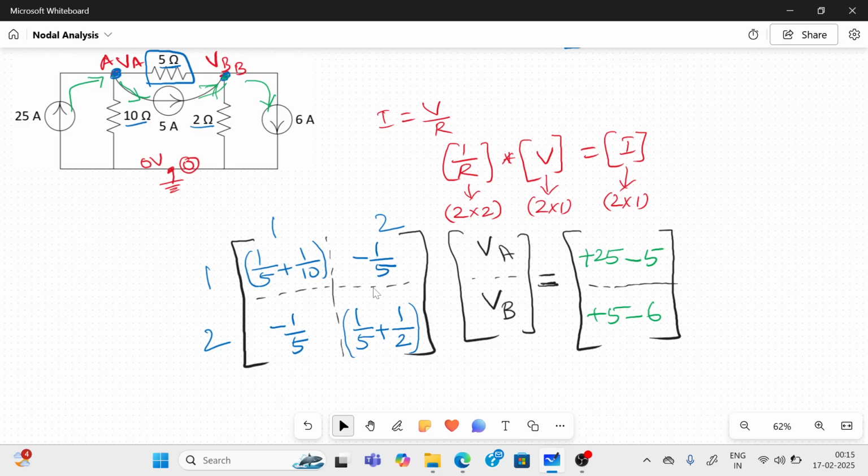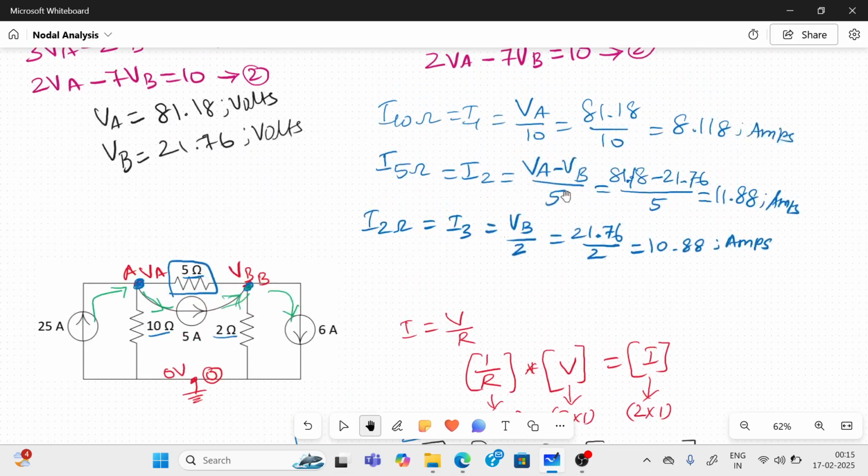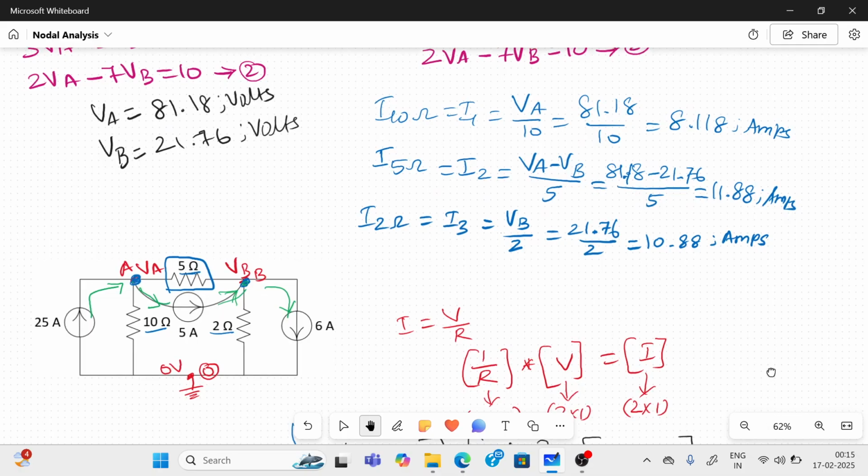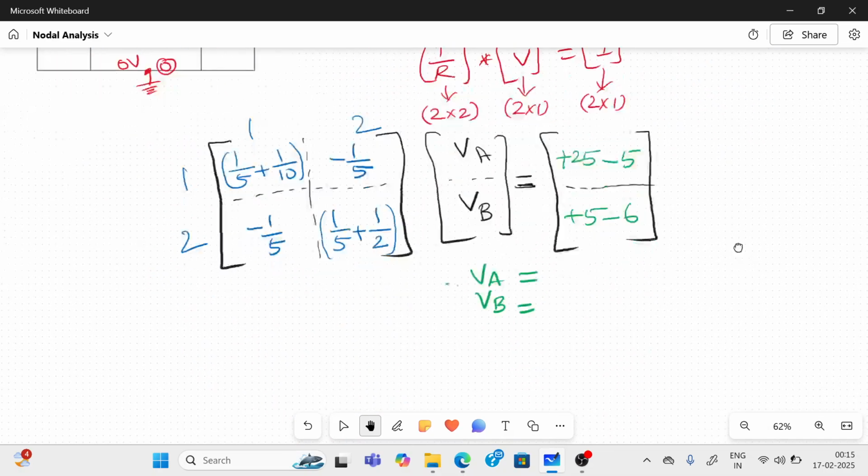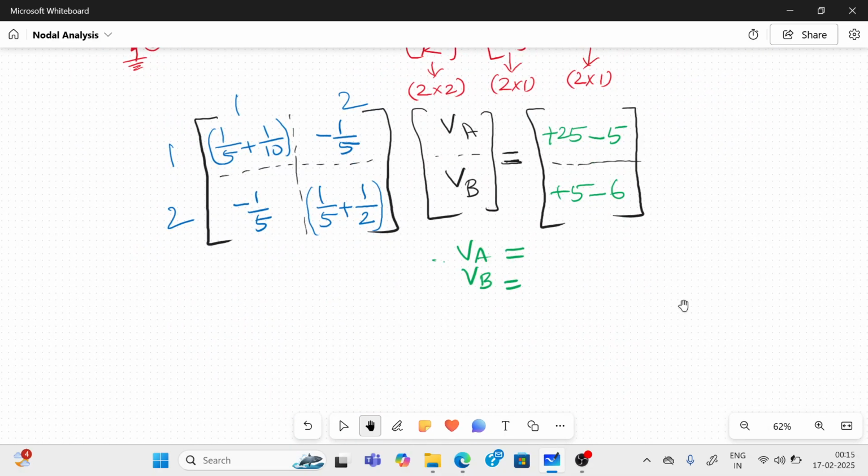The calculator will calculate the values. Okay, you check this and identify the VA and VB. Once you identify VA and VB, you can find out the current for each resistance by the previous method we did here, right? VA by 10, VA minus VB by 5, VB by 2. That way you can calculate. So what are VA and VB? You can see.